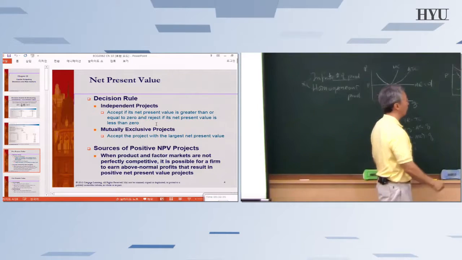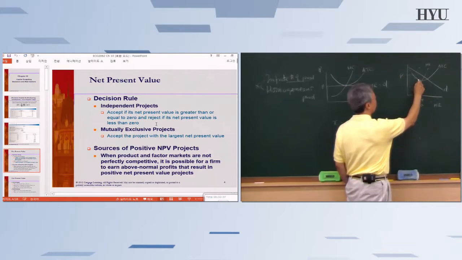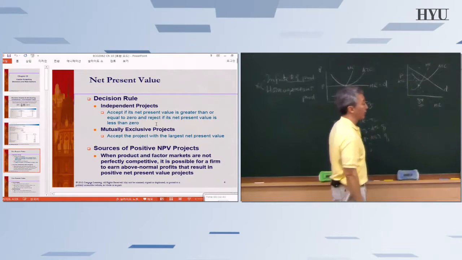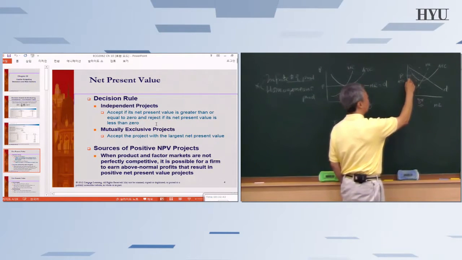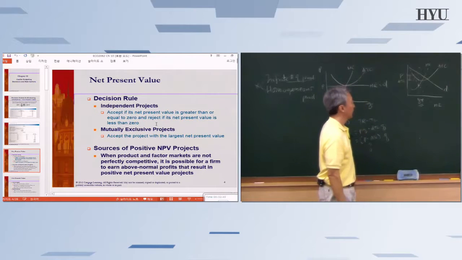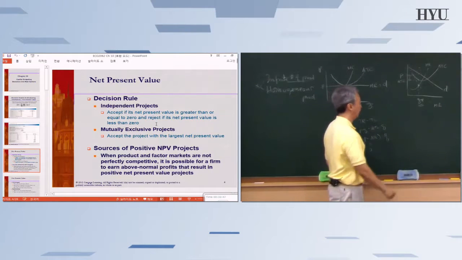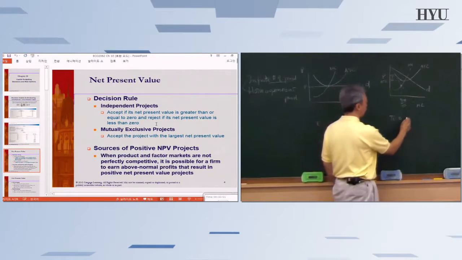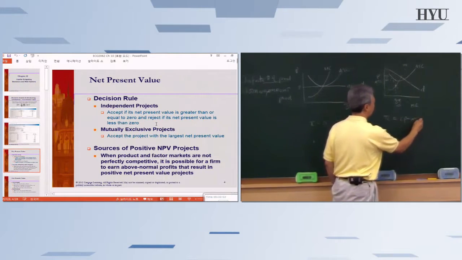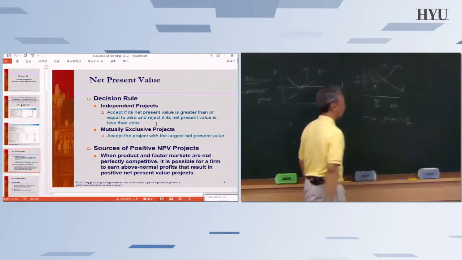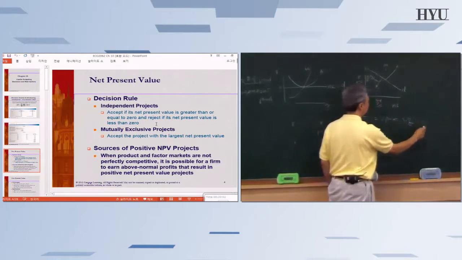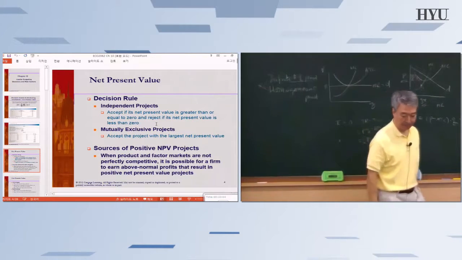But at that time, average total cost is right here, right? So there is a difference between the price and ATC, right? So your profit will be what? (P minus ATC) times Q, right? That will be positive.